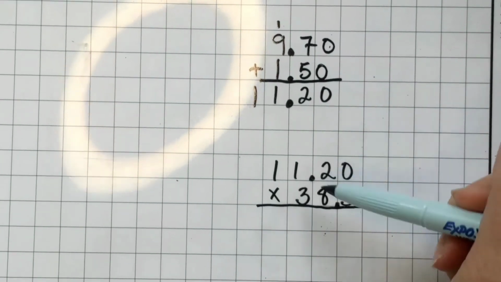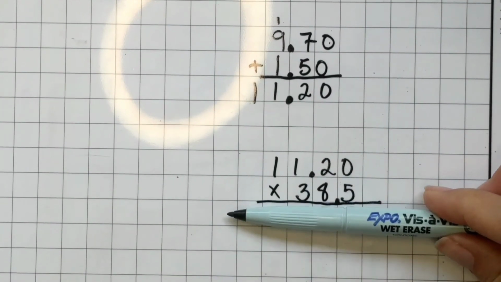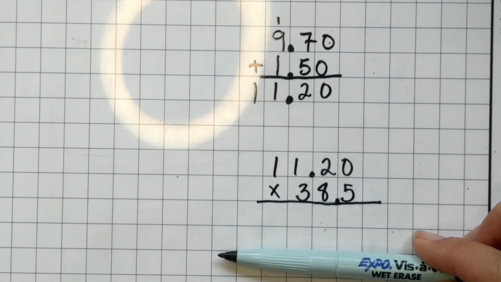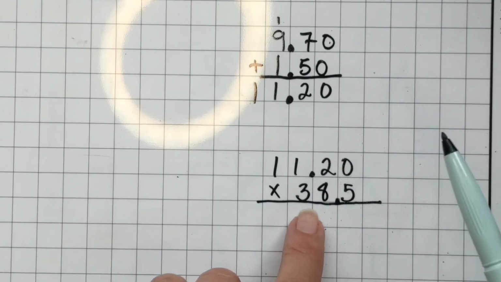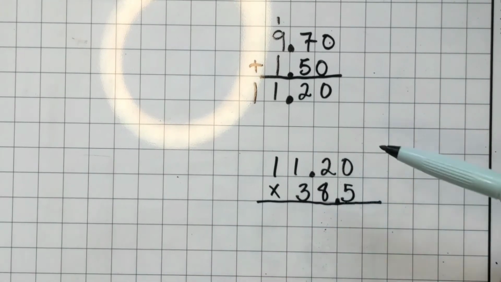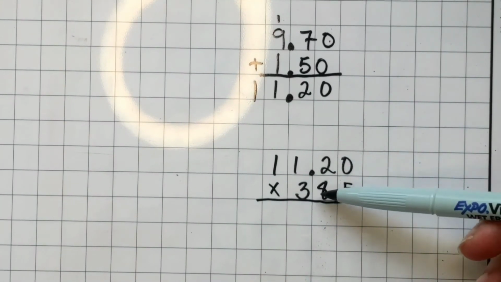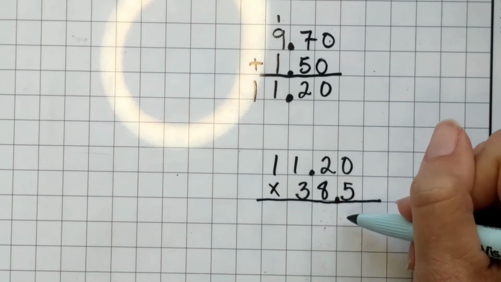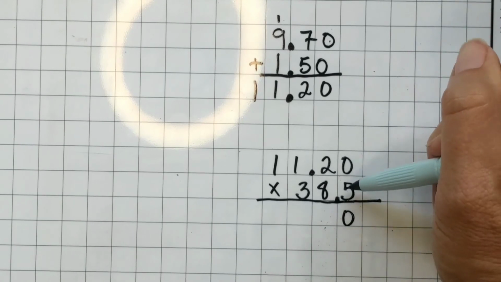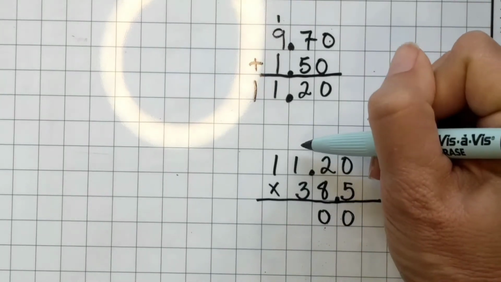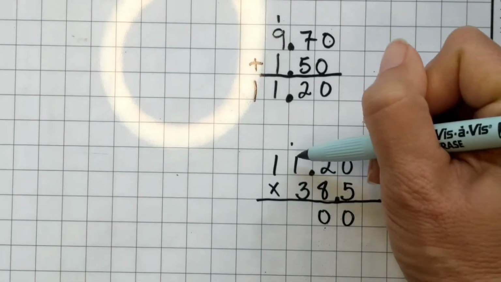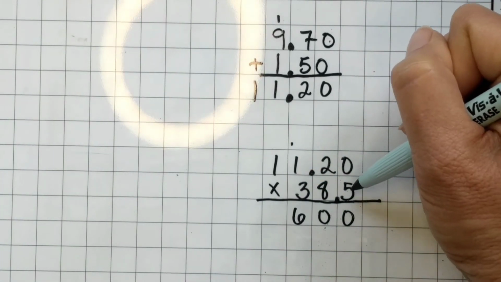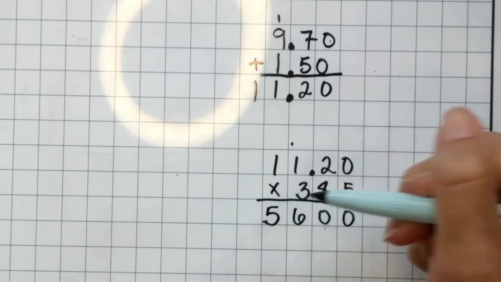Now before I begin multiplying, I know I'm going to have 1, 2, 3 lines below this, 3 lines of digits, because I have 3 digits I'm multiplying by. 5 times 0 is 0. 5 times 2 is 10. Regroup the 1. 5 times 1 is 5, plus 1 more is 6. 5 times 1 is 5.